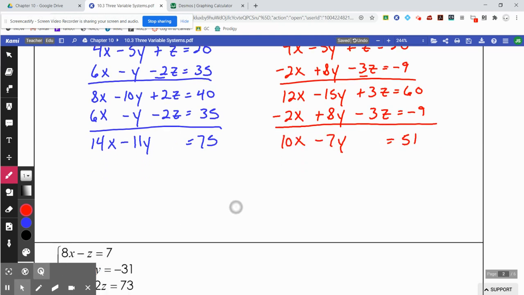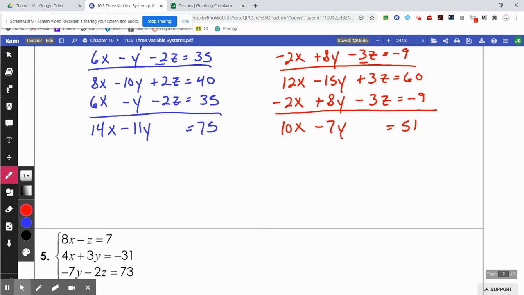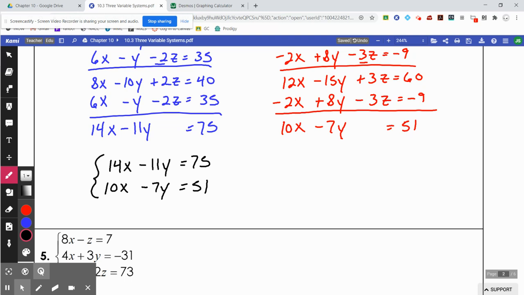So now I have two new equations with only two variables. Let's pair them together and solve that system. In order to do that, you could turn both of these into 70s by multiplying by 5 and negative 7. You could turn them into 140s. You could multiply to turn these into 77s, multiplying this by 7 and this by maybe negative 11.